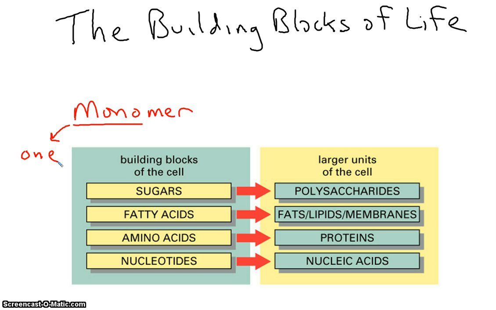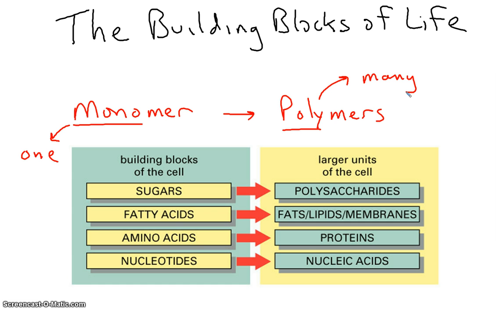So we're going to be taking these units of one unit, these monomers, and we're going to learn how do we link them together to make polymers. So the polymers are what we know as the biomolecules when we talk about carbohydrates or saturated fats. Those are polymers. And you may also know the prefix poly means many. So we're just looking at taking one unit and linking them together into a chain of many units.